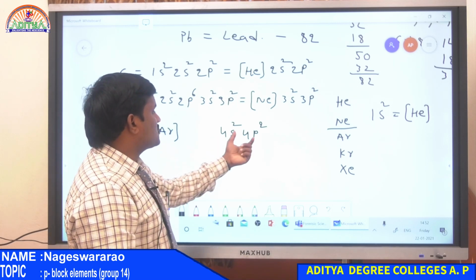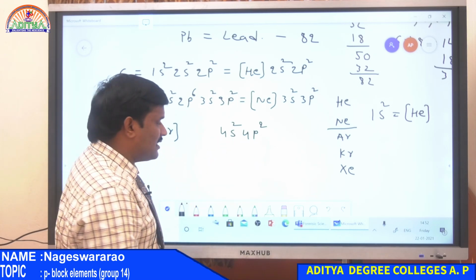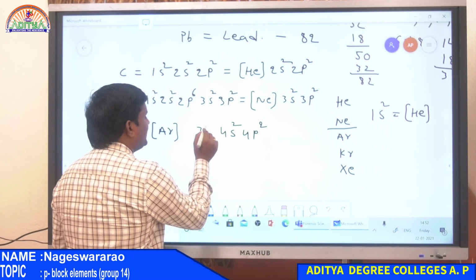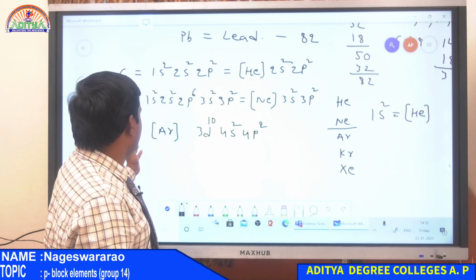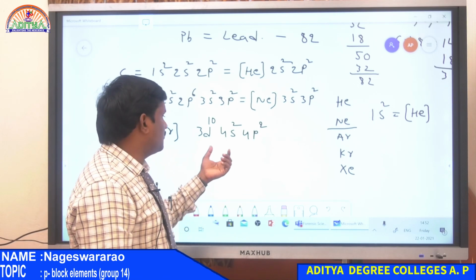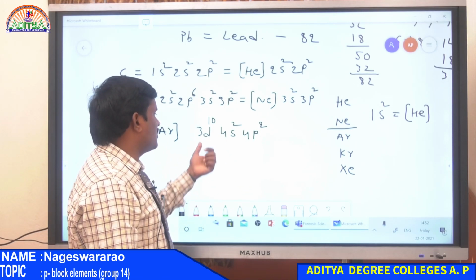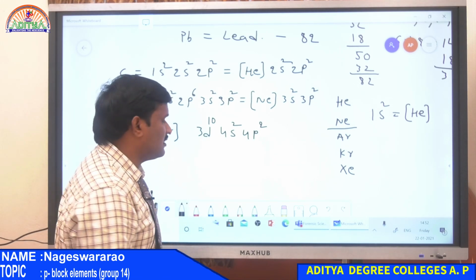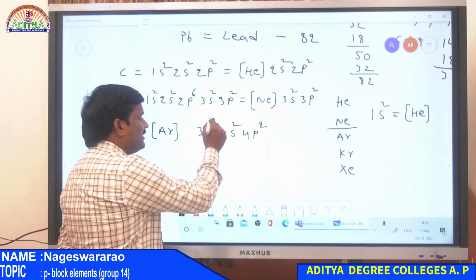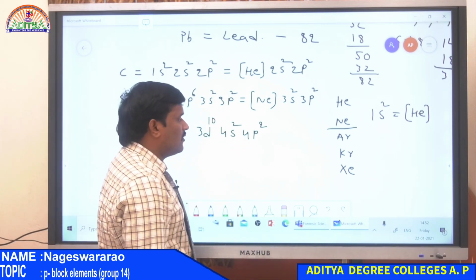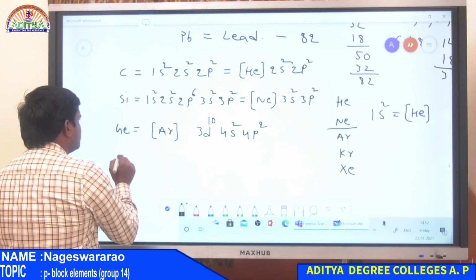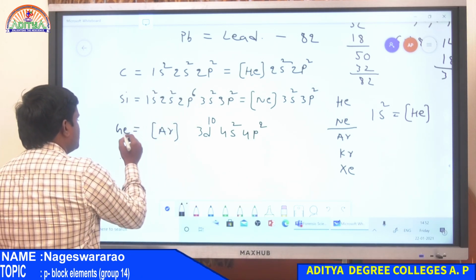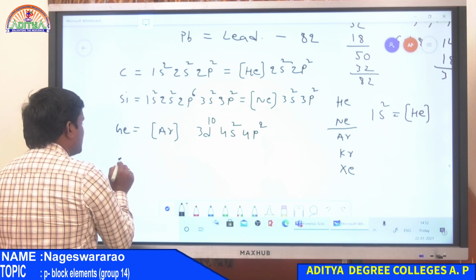In the case of 4s2 4p2, the penultimate shell also has 3d10 electrons, because its atomic number is more than 30. Therefore, d orbitals are also involved in the electronic configuration, and it is written as 3d10 4s2 4p2.